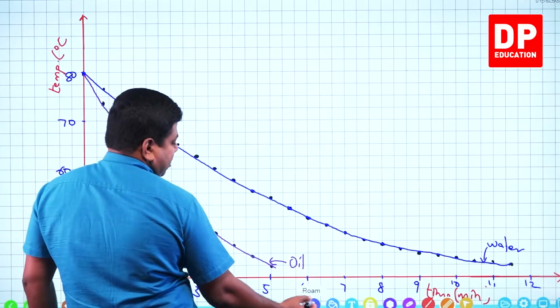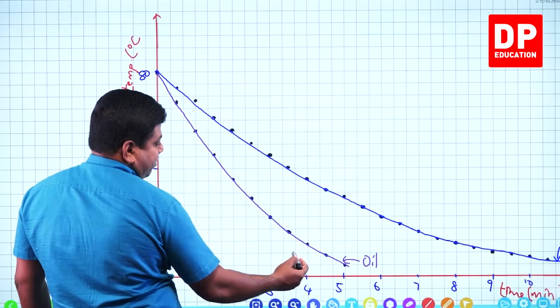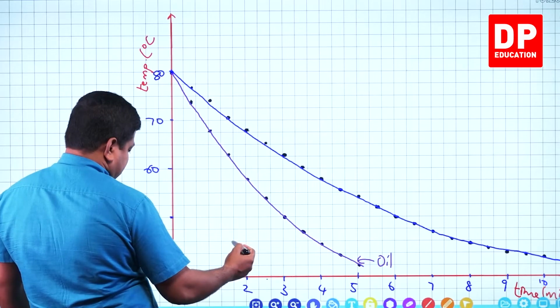Right. Now what do we need? Let's mark two temperatures on this graph.